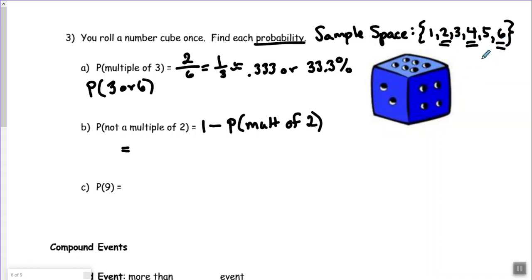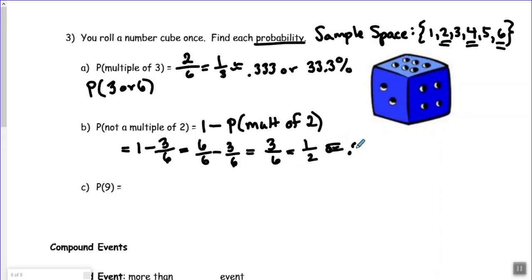So that's 3 events out of 6. 1 minus 3/6 is like 6/6 minus 3/6, and this just gives me 3/6. Reduce it to 1/2. You can say that it's equal to 0.5 or 50%. Okay, so that's a bunch of different ways to write the same number, but that's it.